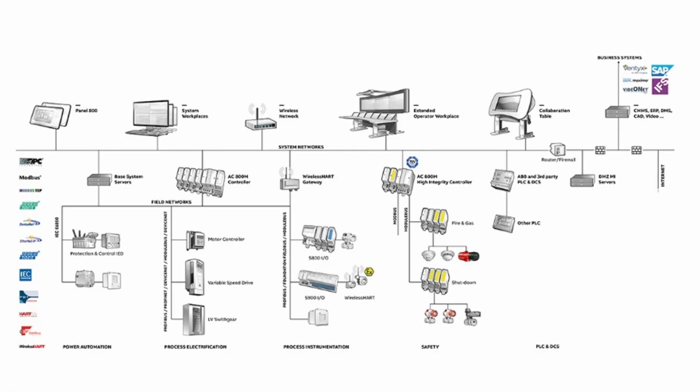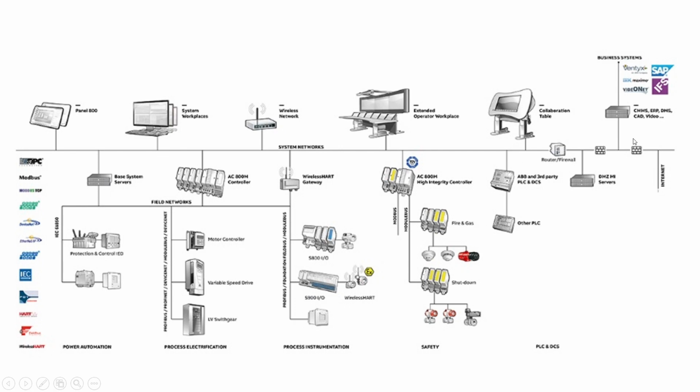Now again, this is a company specific DCS architecture. This is the architecture of ABB. So ABB has this controller series AC800M. So as I had explained in the earlier slide also, there are instruments at the lowest level, and then there are controllers, and then controllers are connected to a server. Now you see here there's a base system server, and all these controllers keep sending information to this server.